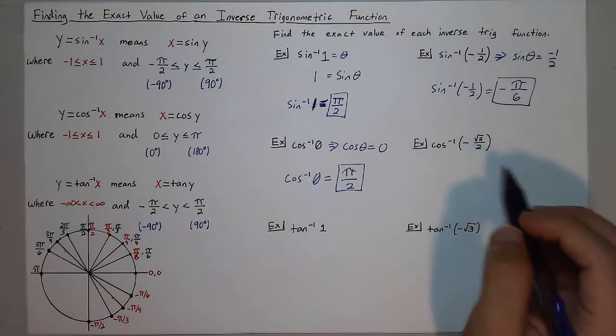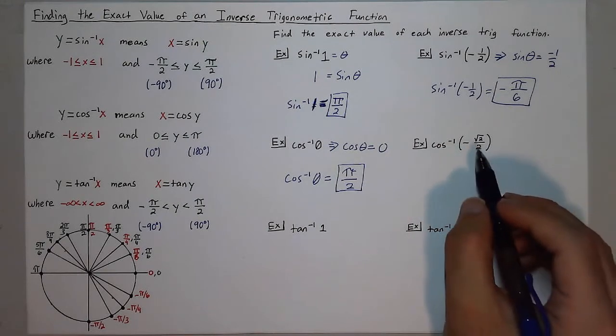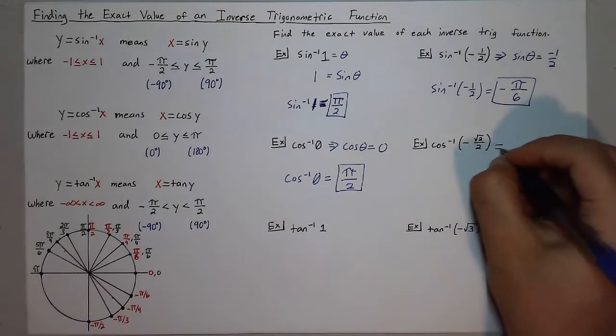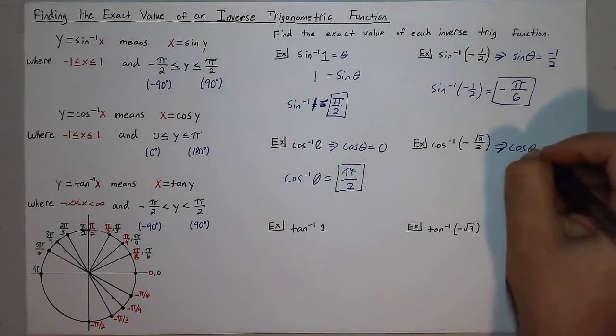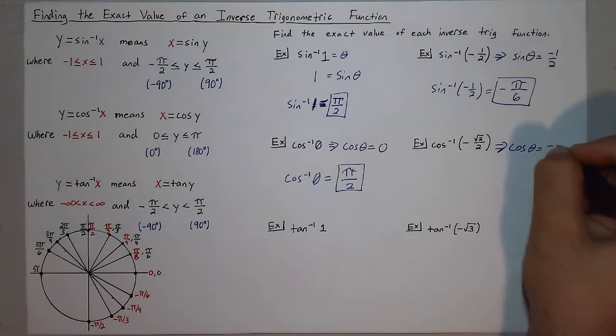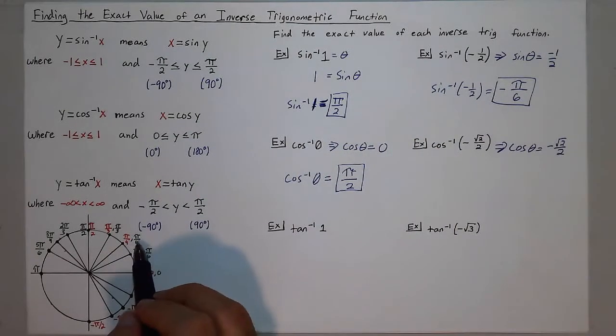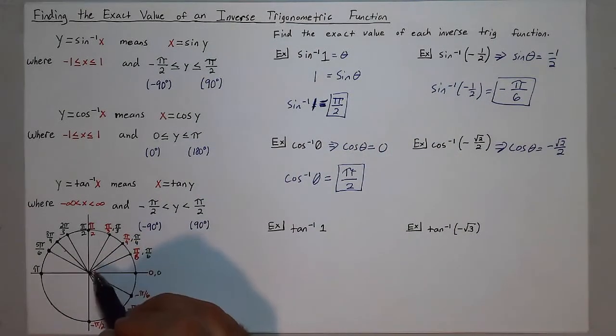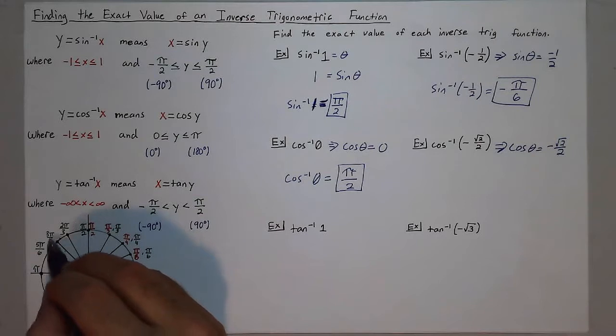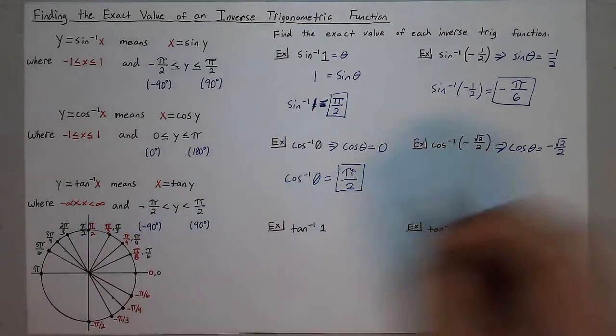Next up, we'll have cosine inverse of negative square root 2 over 2. Again, same logic. What angle would make cosine equal to negative square root 2 over 2? It wouldn't be pi over 4, because it would be positive square root 2 over 2. But we'll go to the second quadrant at 3 pi over 4. The x value is negative, and that would be negative square root 2 over 2.